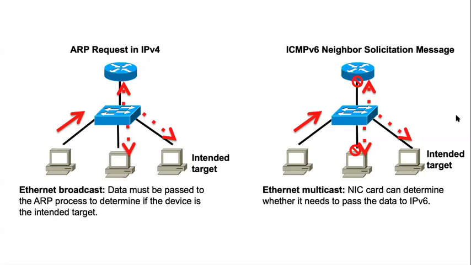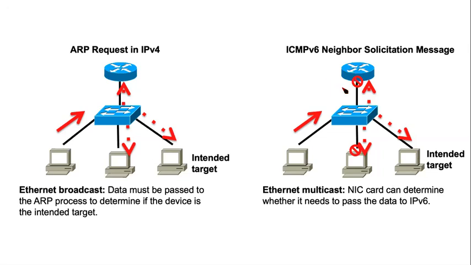With multicast, because of the Ethernet multicast MAC address, the NIC card can make that determination whether it needs to send it up to an upper layer process for further determination, or whether it can filter it itself. Most of the time, the NIC card can filter it and knows whether or not it's for it or not.